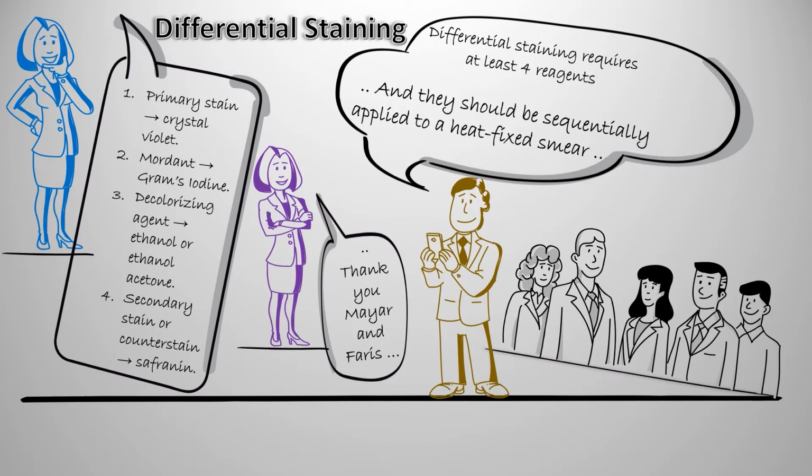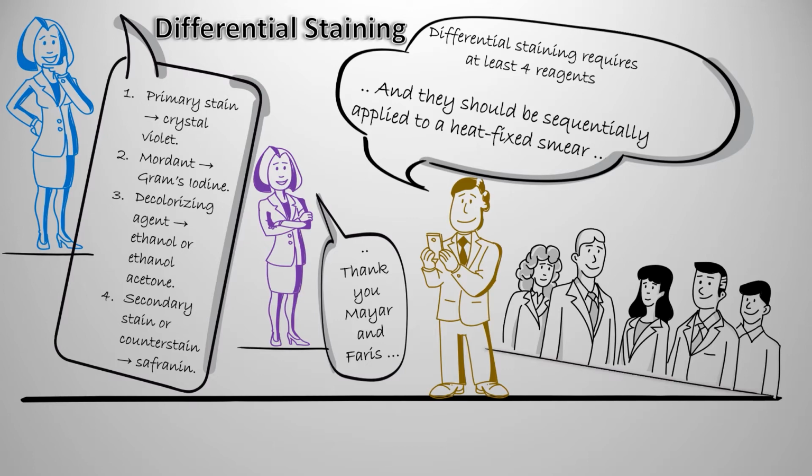The last part of this, or the fourth reagent, is called the counter stain or the secondary stain. In this case, it is safranin, and it is a red stain. It stains the cells with reddish coloration.